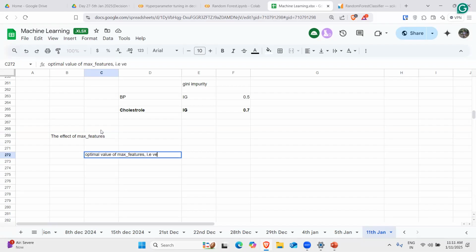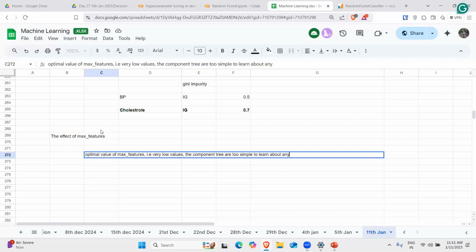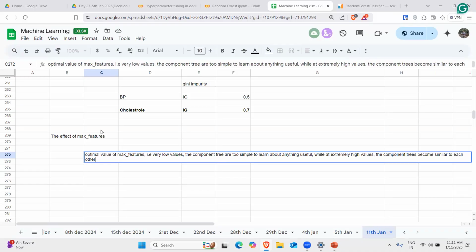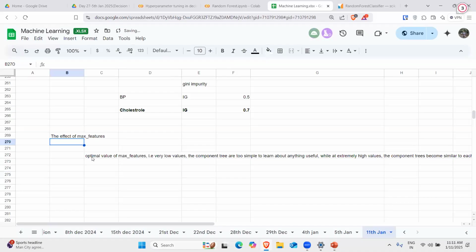At very low values, the component trees are too simple to learn anything useful, while at extremely high values, the component trees become similar to each other. So this is max features, meaning there's an optimal value of maximum features.